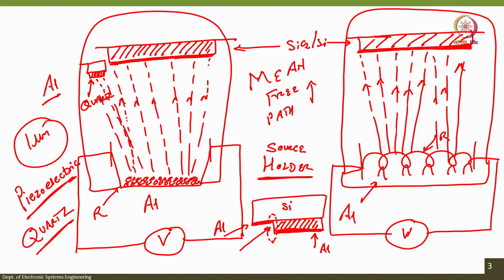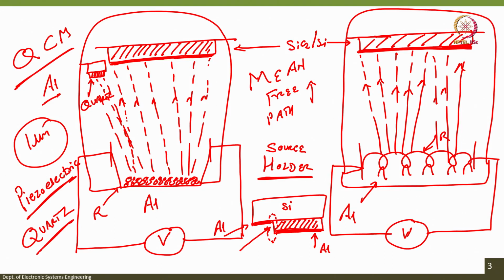So, we can use a quartz crystal monitor called QCM to monitor the thickness of the material that we are depositing onto the substrate. That is the first point that you need to remember. QCM, quartz crystal monitor, can be used to monitor the deposited film, how much film is deposited, and the rate of deposition.